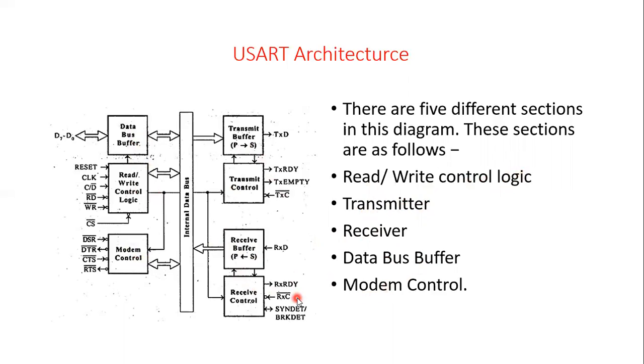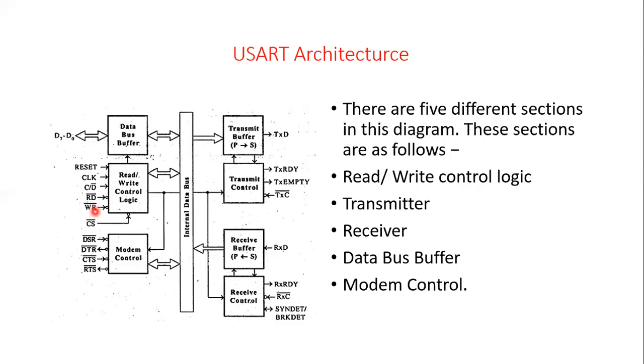The first one is read-write control logic and registers. The chip select: when this signal goes low, the 8251A is selected by the MPU for communication. So this is usually connected to the decoded address bus. Then write logic: when this signal goes low, the MPU either writes in the control register or sends output to the data bus buffer.